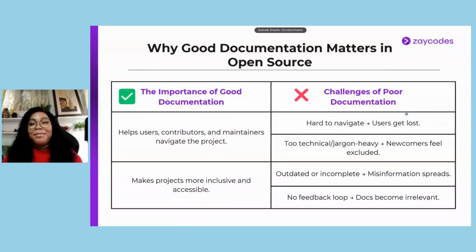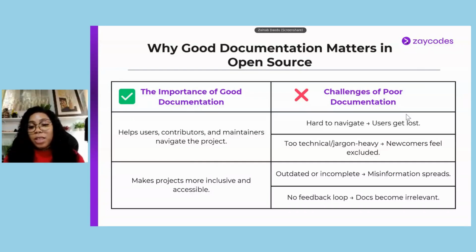I know a lot of people might say they understand what documentation is, but I think we still need to speak on the importance of good documentation and the challenges of poor documentation.